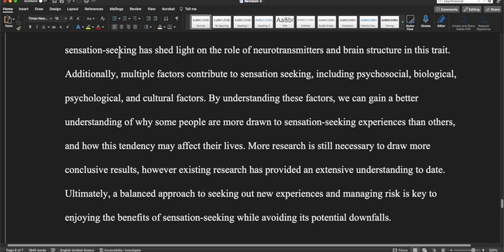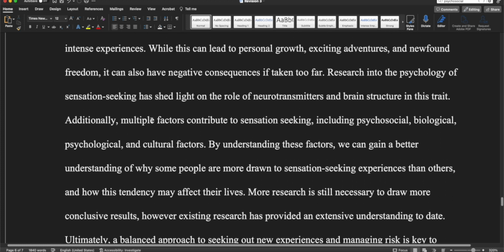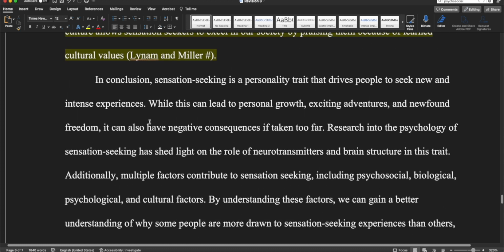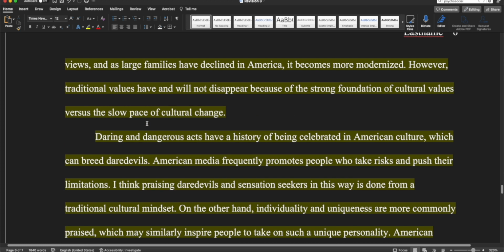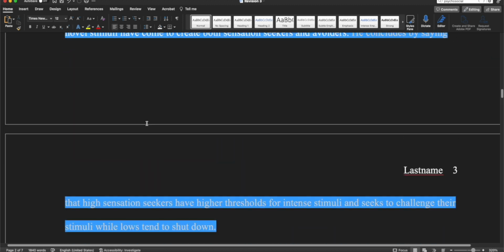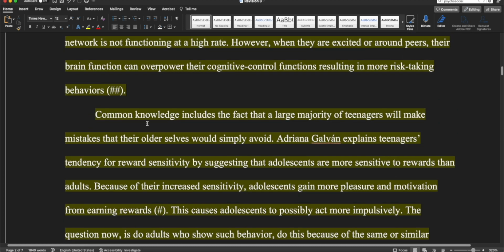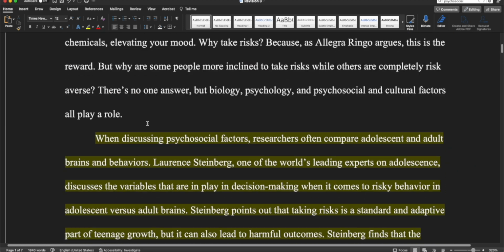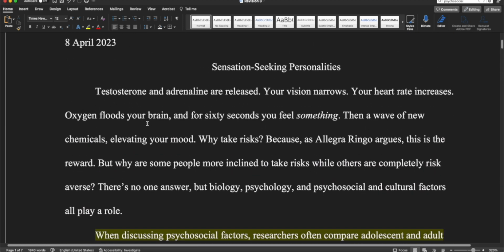I don't think this conclusion is, as we have revised the paper, really concluding our revised approach. Our revised approach is more about how each of these relates, right? Why are some people more inclined to take risks?